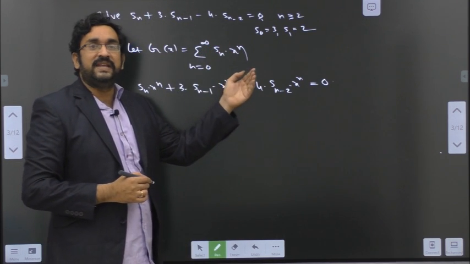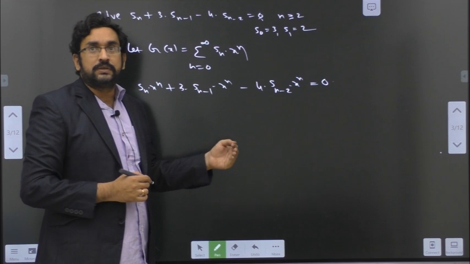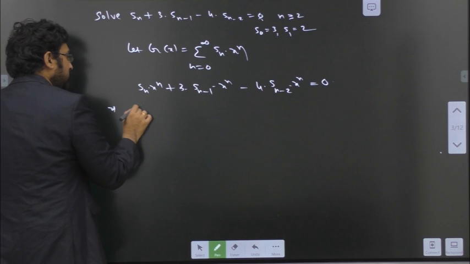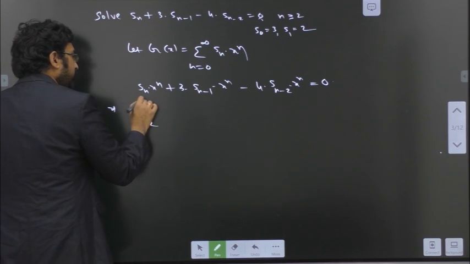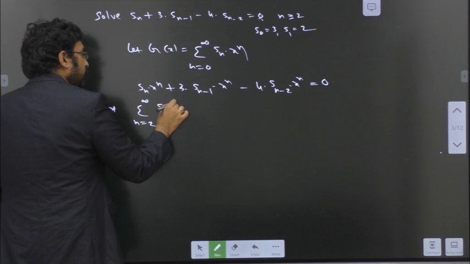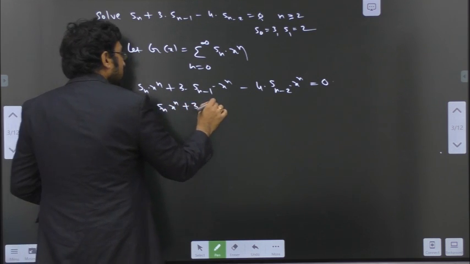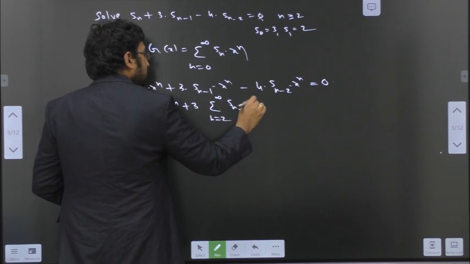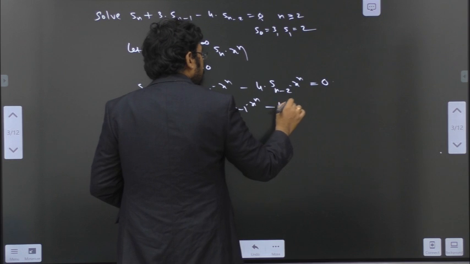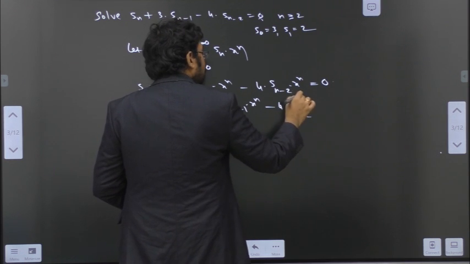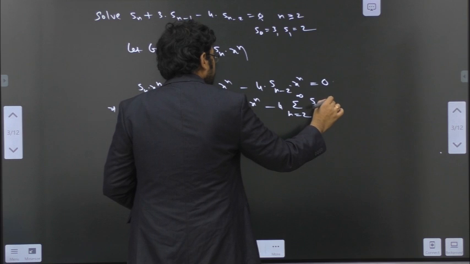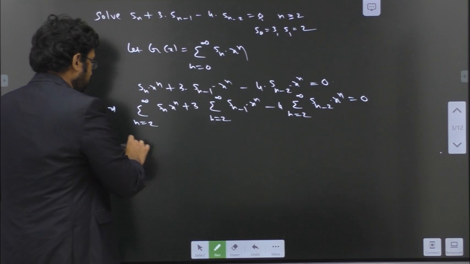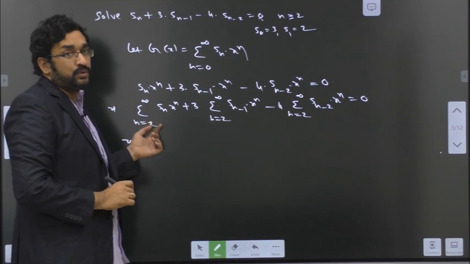Here the condition given is n greater than or equal to 2, so the summation should start from 2. That implies sigma n equal 2 to infinity S_n into x power n plus 3 into sigma n equal 2 to infinity S_(n-1) into x power n minus 4 into sigma n equal 2 to infinity S_(n-2) into x power n equal 0. Here the summation starts from 2 to infinity.